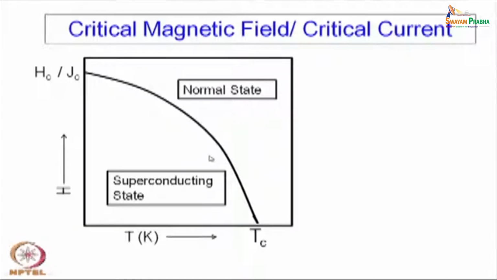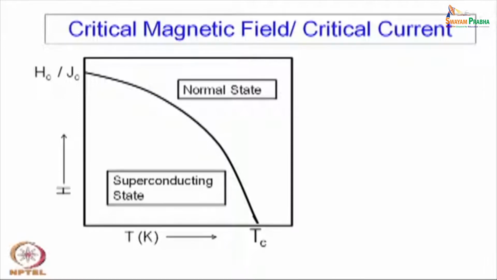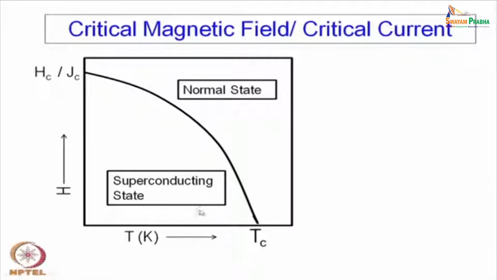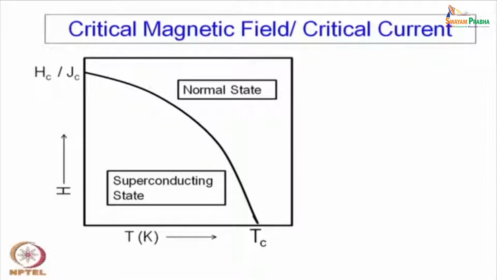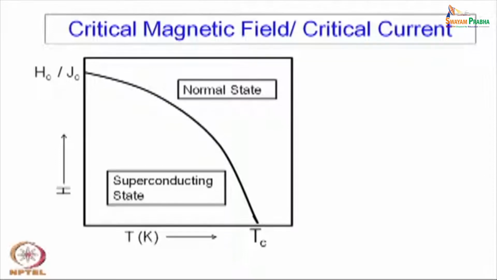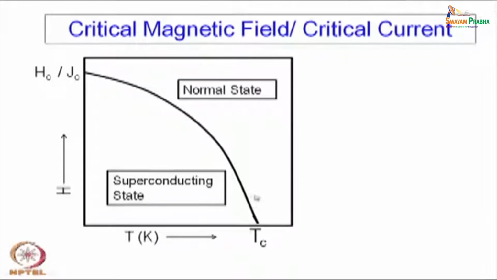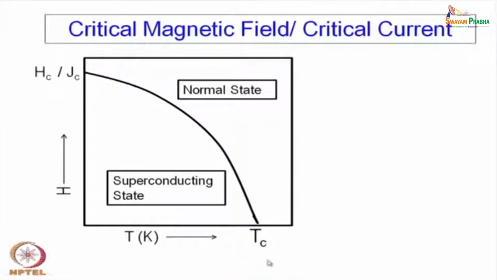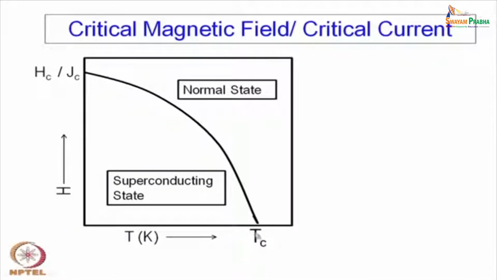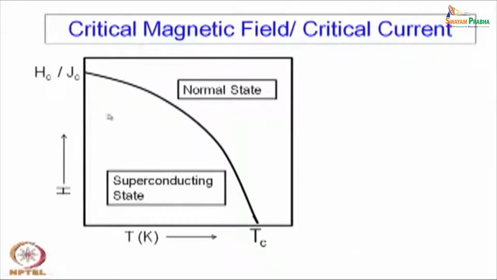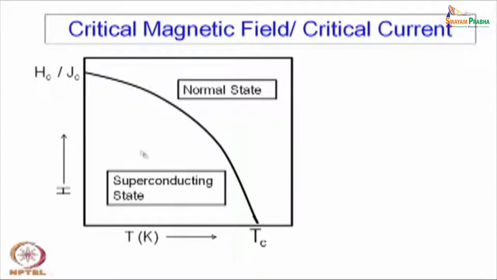So, our definition of superconductivity may have to be modified to some extent. It is not the temperature effect only, the magnetic field effect is also important. Only at 0 magnetic field we have seen that at a particular temperature there is a sudden change of resistance and it becomes 0, whereas if a finite magnetic field is applied, then the Tc further decreases.